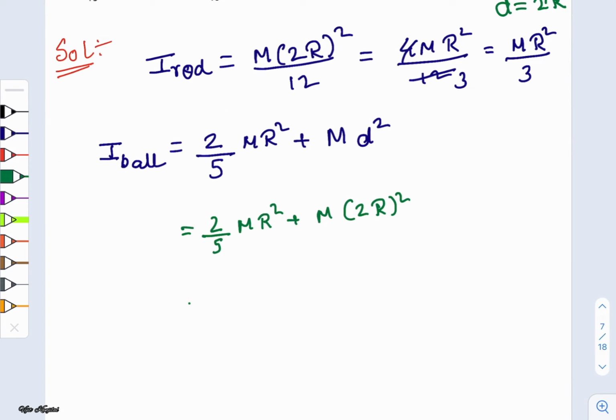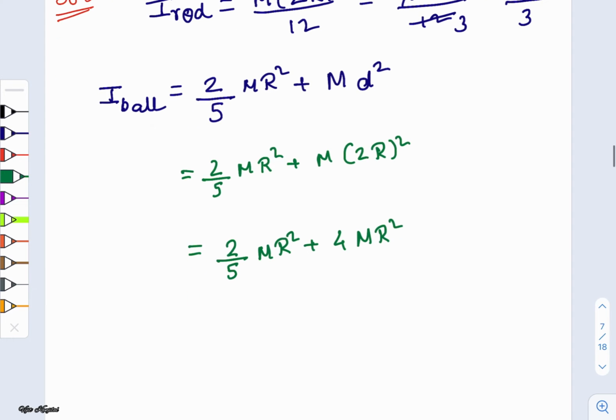Now what is this value? It is 2 by 5 mr square plus 4 mr square. So it is simply 22 mr square by 5. So this is I ball.